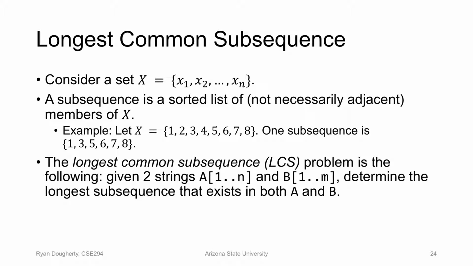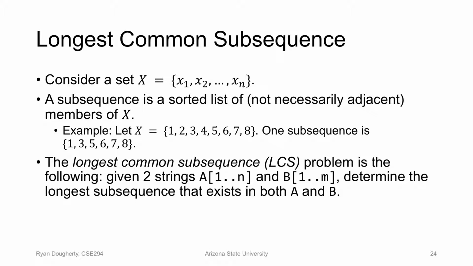So the problem that we want to face is we're given two strings or two lists, something like that, but strings are easy to think about. A here is an n-character string, and B is an m-character string. We want to find the longest subsequence that is in both of them.